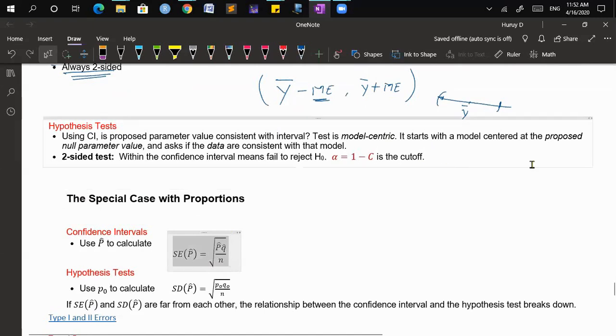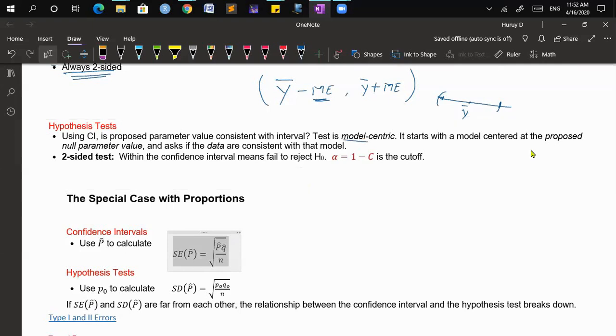But hypothesis testing is model-centric. And the reason why we call this one model-centric is you start with a proposed parameter, which is, for example, we say mu equals some value mu sub naught.